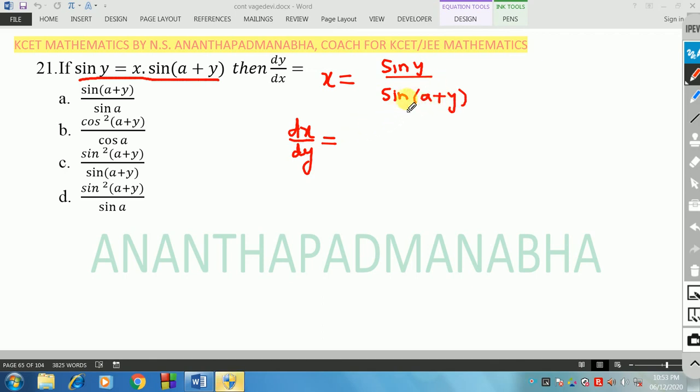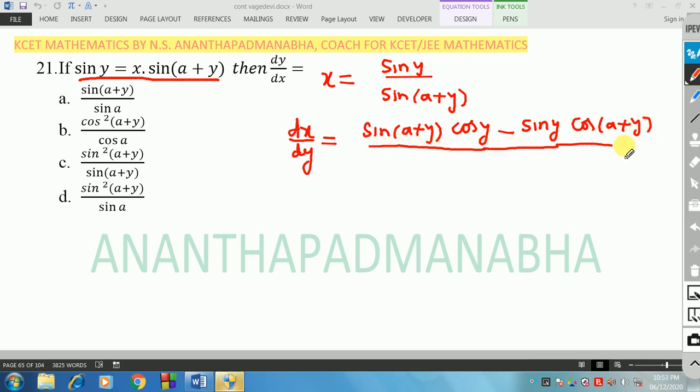For sin y by sin of (a plus y), the denominator is sin of (a plus y) into the derivative of the numerator, which is cos y, minus the numerator sin y into the derivative of sin of (a plus y), which is cos of (a plus y), all by the denominator square, that is sin square (a plus y).